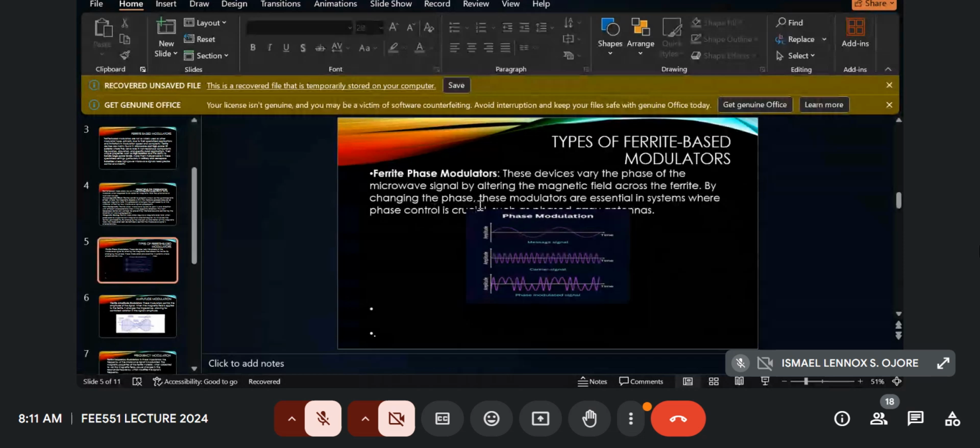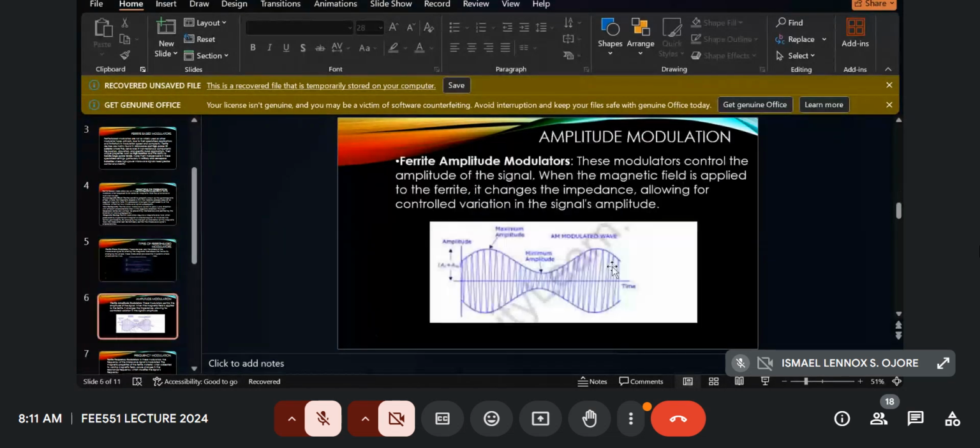So by changing the phase, these modulators are essential in systems where the phase is crucial, especially in phased array antennas. The next type of modulation we have is amplitude modulation, where these modulators control the amplitude of the signal.